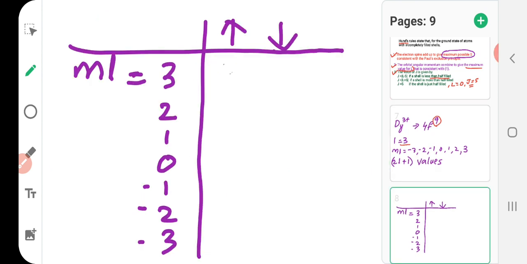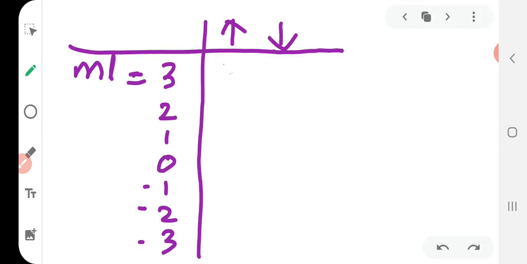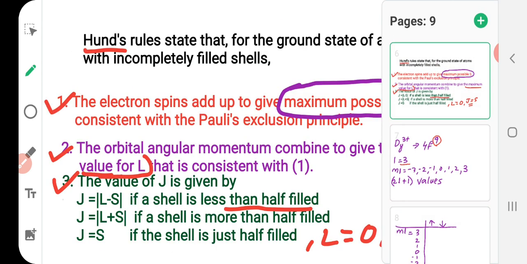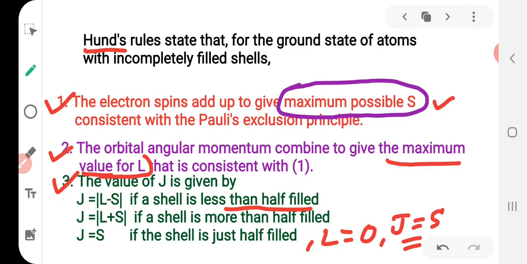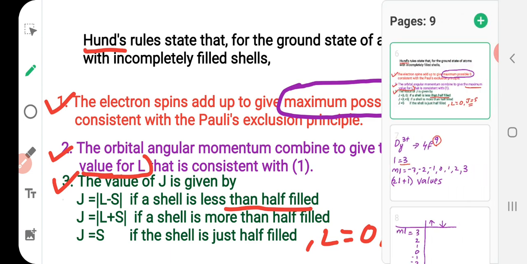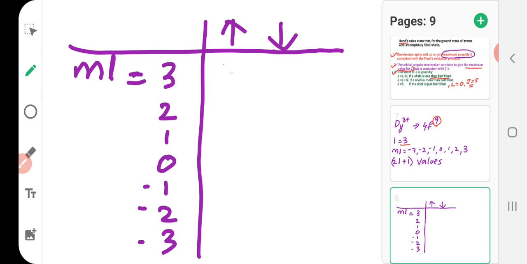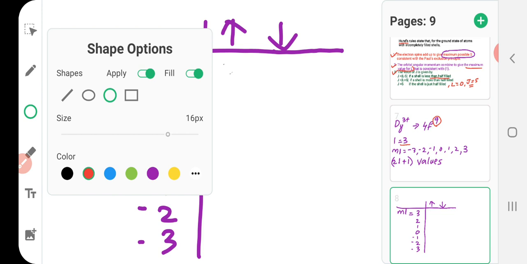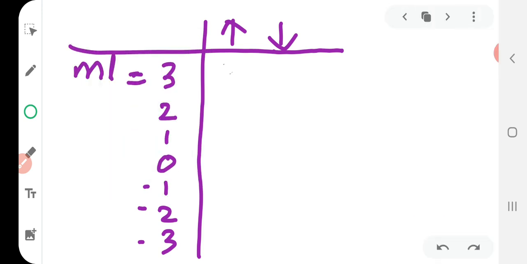So what are Hund's rules? First Hund's rule, you remember, says we have to arrange the electrons according to Pauli's exclusion principle so as to get the maximum value of S. That is, total S should be maximum. For that, how will the electrons be accommodated in these shells?